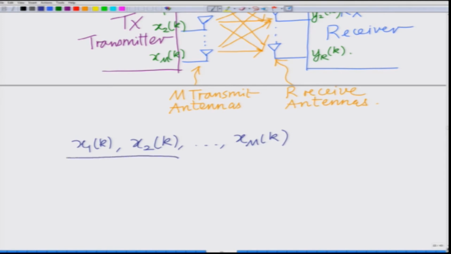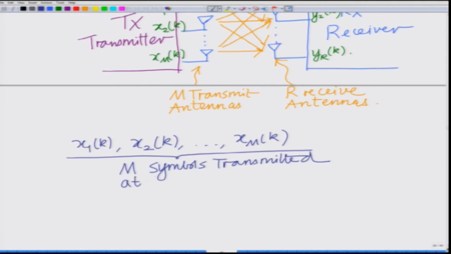These are the m symbols transmitted on the m transmit antennas at time k.